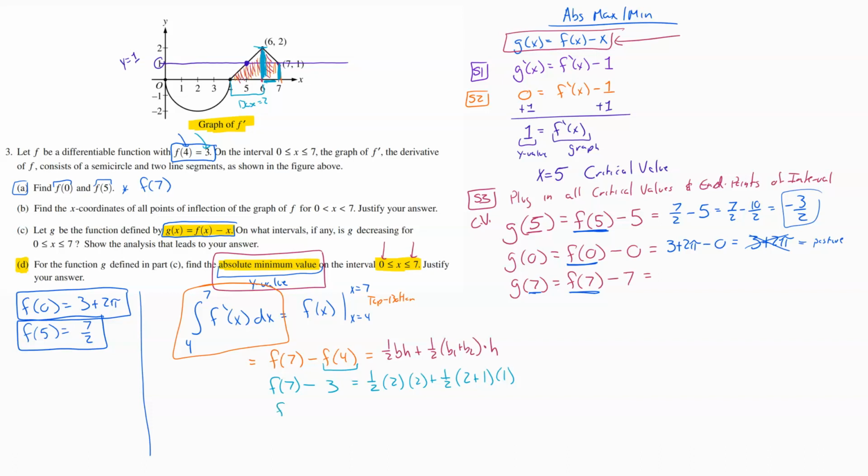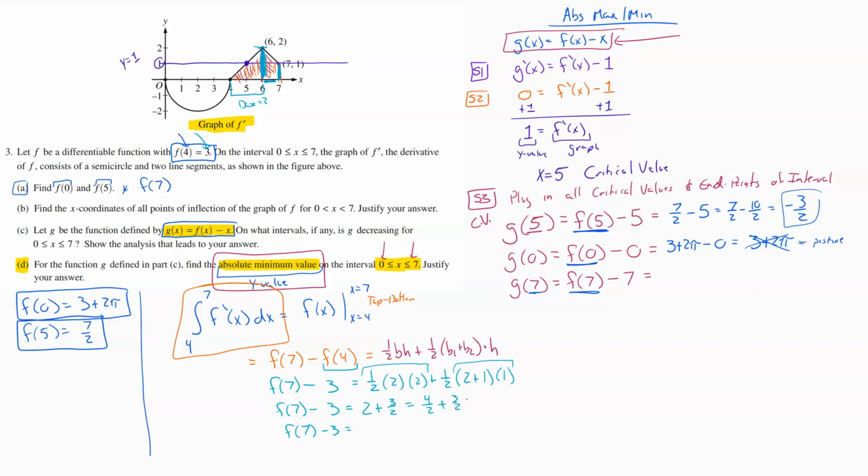So cleaning this up, we get f of 7 minus 3 would equal 1/2 times 4 for this chunk right here would get us 2 plus 1/2 times this would be 3. So this would be 3/2. And so out of there, we would end up with f of 7 minus 3 equals 2 over 2. So that would be 4 over 2 plus 3 over 2.